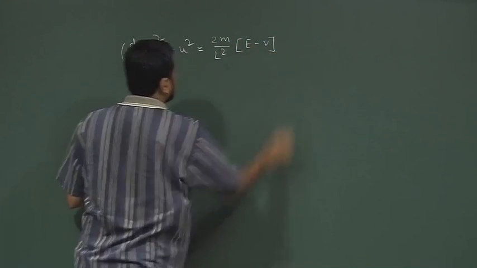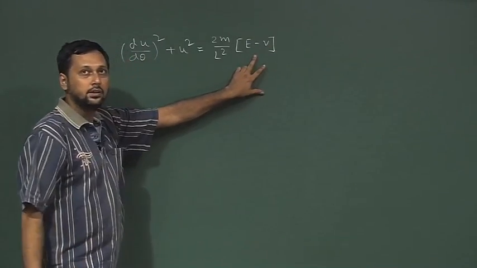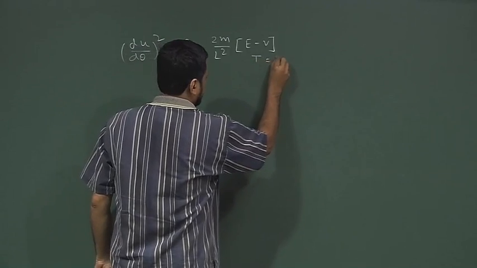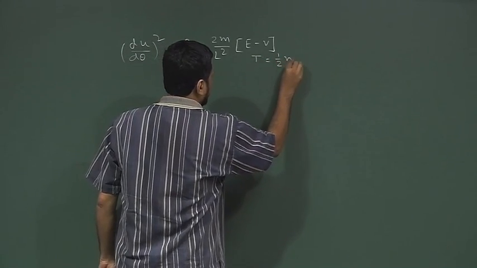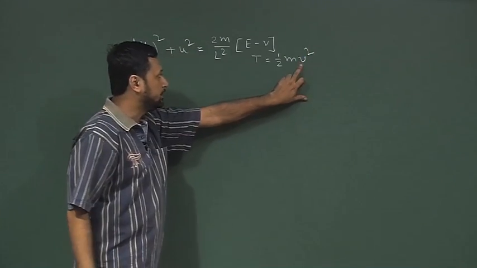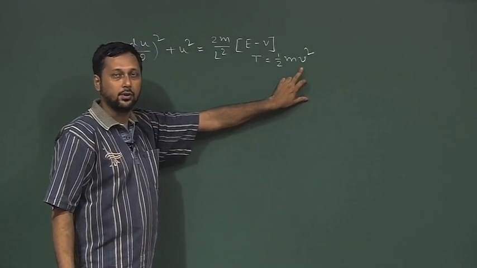Recall that E minus V is nothing but the kinetic energy T, which we can write as half m v squared, v being the speed at the orbit at any point.